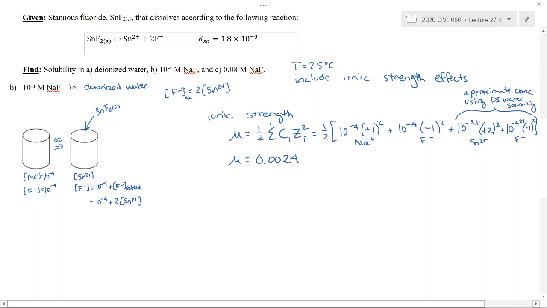Okay, so the next step is to get the activity coefficients. I use figure 3-4 in the textbook Water Chemistry by Snoeyink and Jenkins.